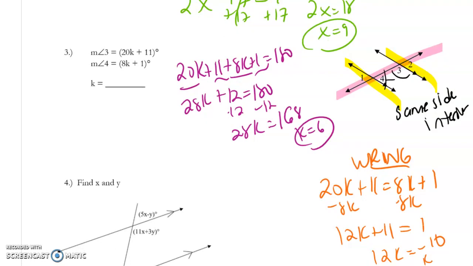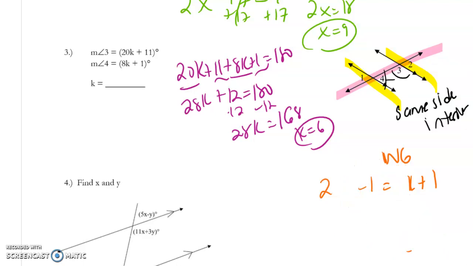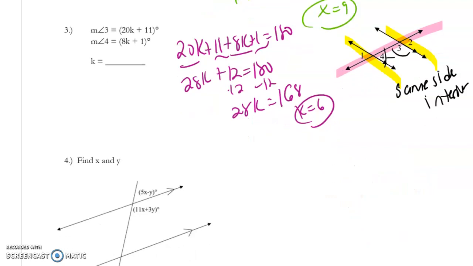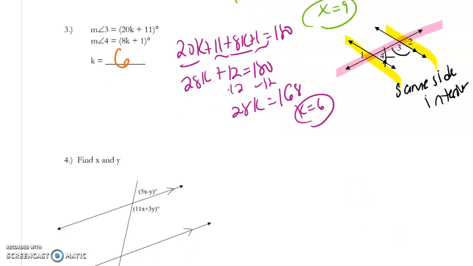And it looks like k equals negative 10 over 12, which seems really weird. And if I were to plug that negative number into my answer, it probably would have given really weird degree amounts. So that's one way to realize if you set it up wrong: if it starts not making sense in the context of the problem, that's a pretty good indicator. So we'll put that our k is 6.